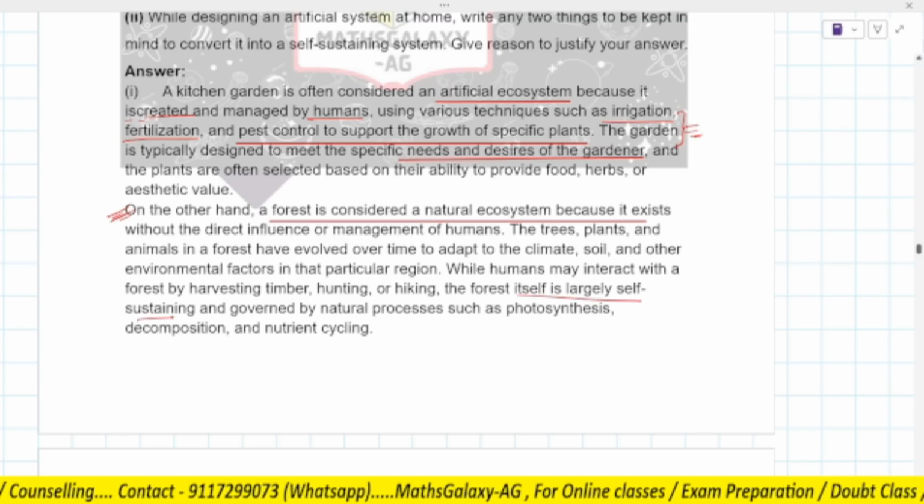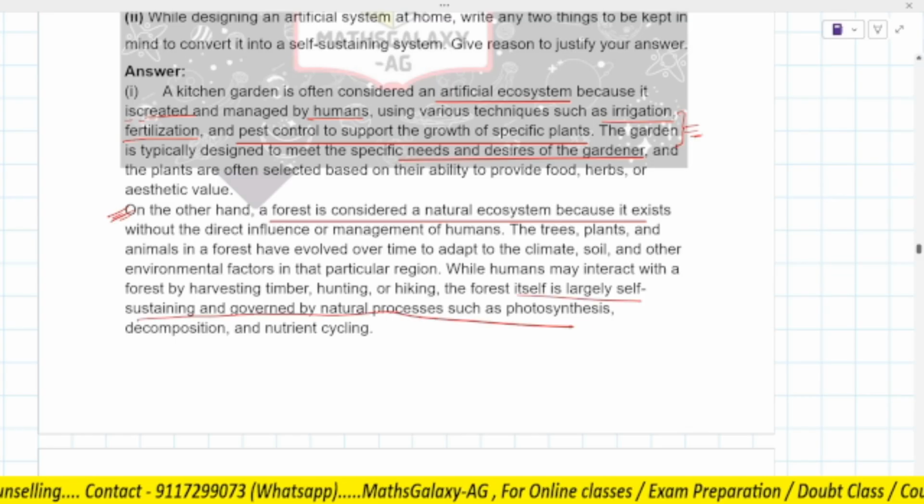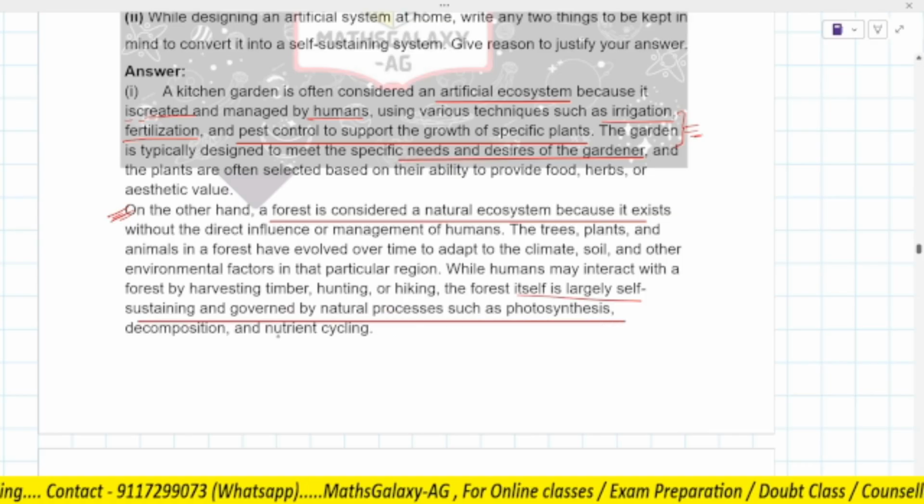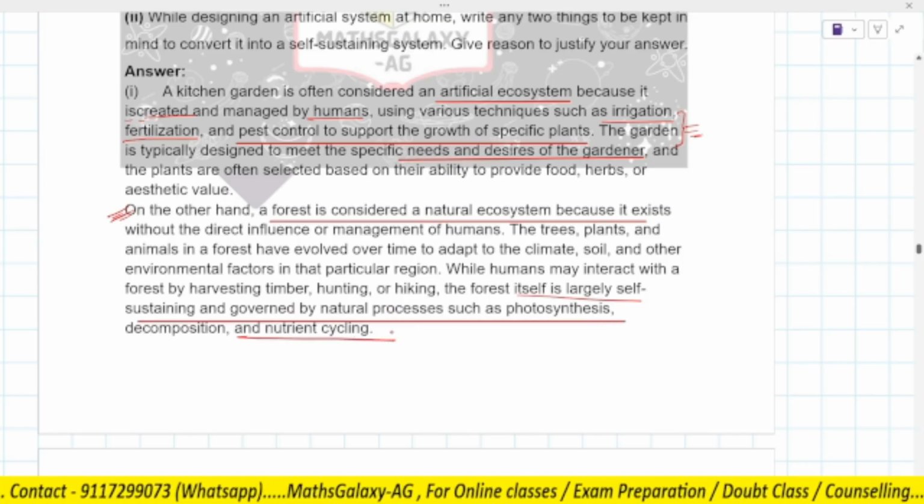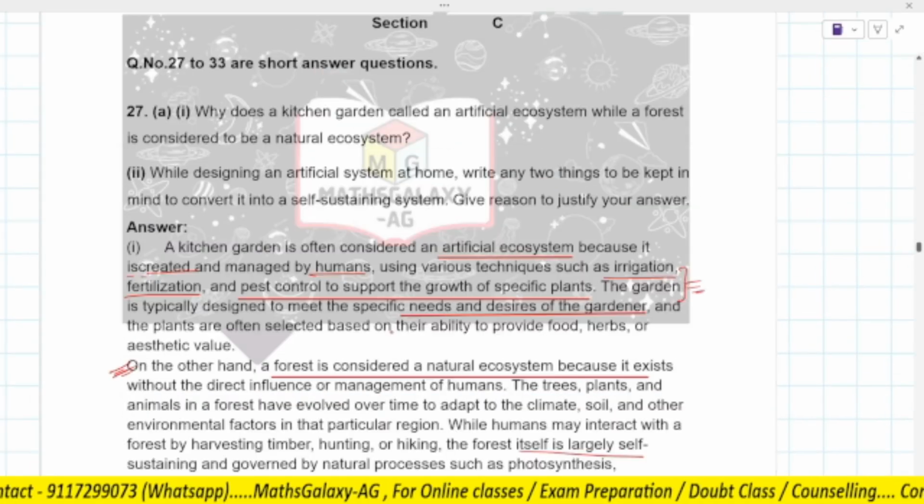Here, natural ecosystem processes such as photosynthesis, decomposition, and nutrient cycling. Okay, is it clear?